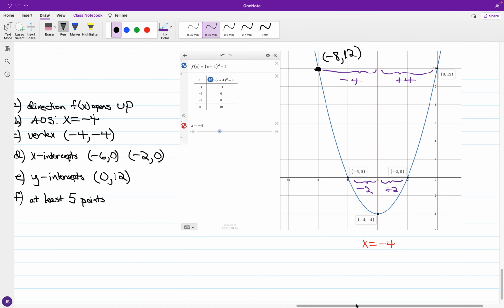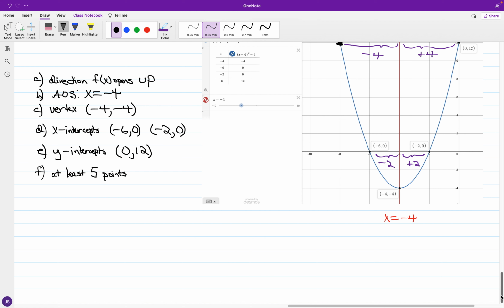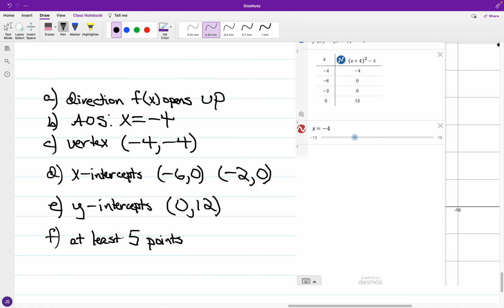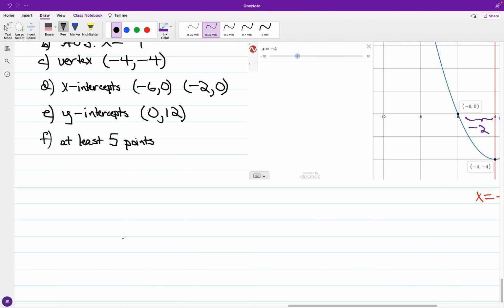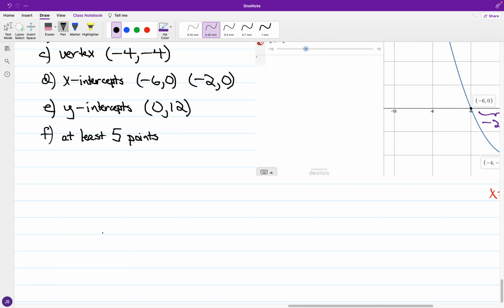Now, from the start, we've had a standard form as well as a vertex form. And let's say that we're looking at converting between the types of expressions.